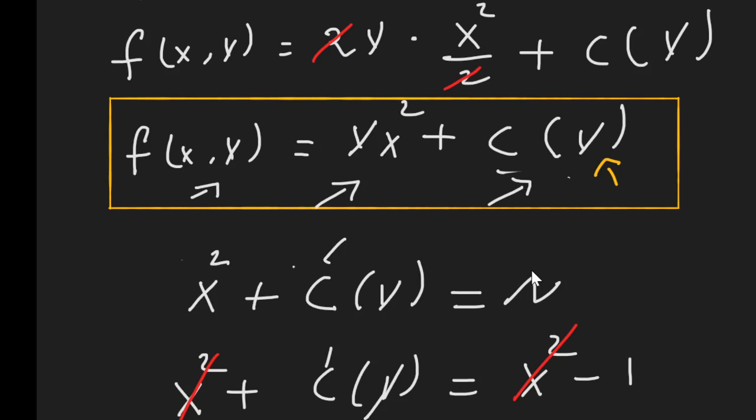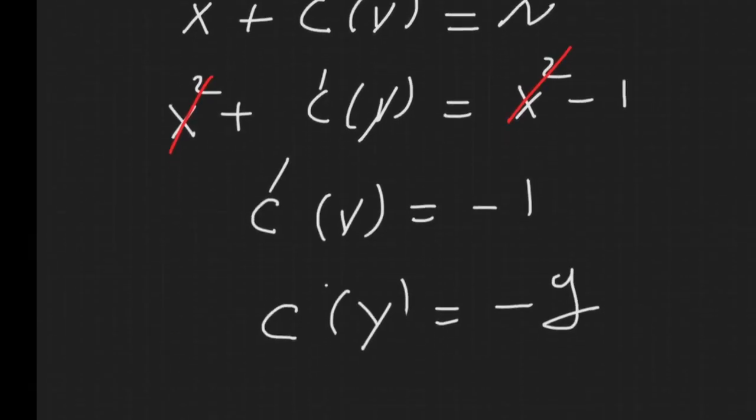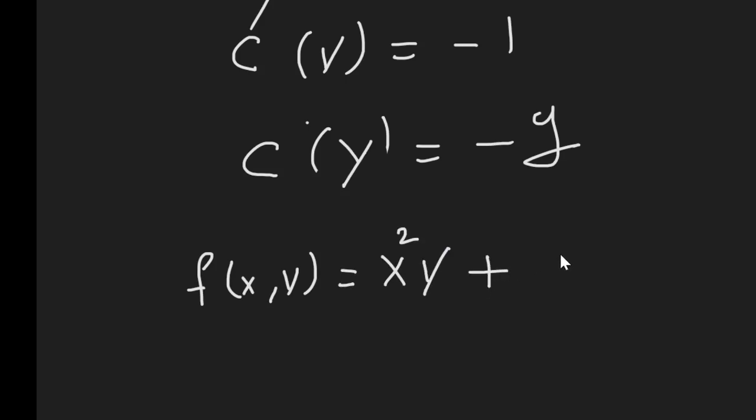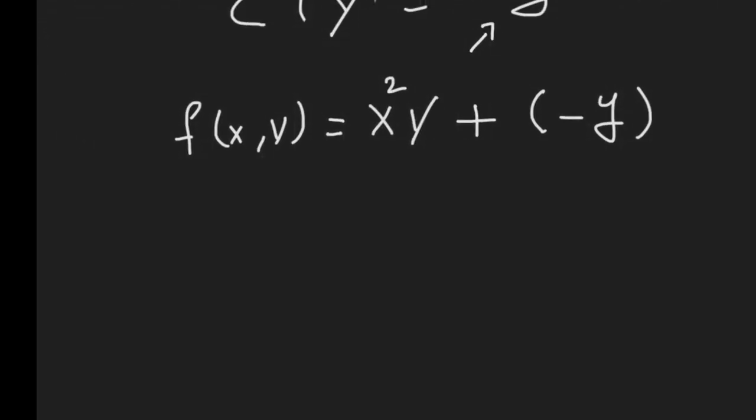So f of x and y equals y x squared plus c of y, so f of x and y equals x squared y plus c in terms of y, which is this expression, so it's minus y, and this is your final solution.